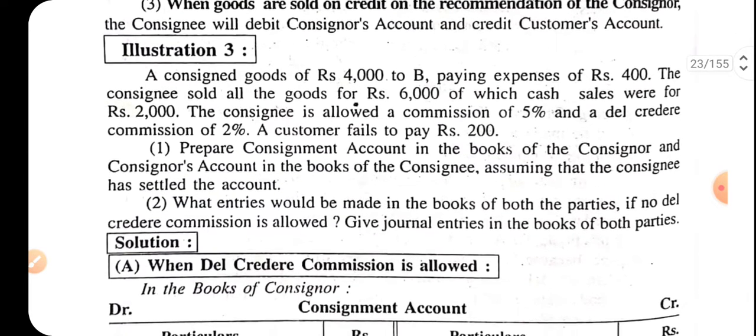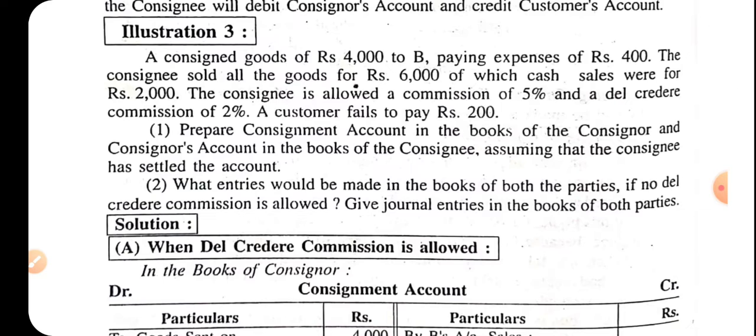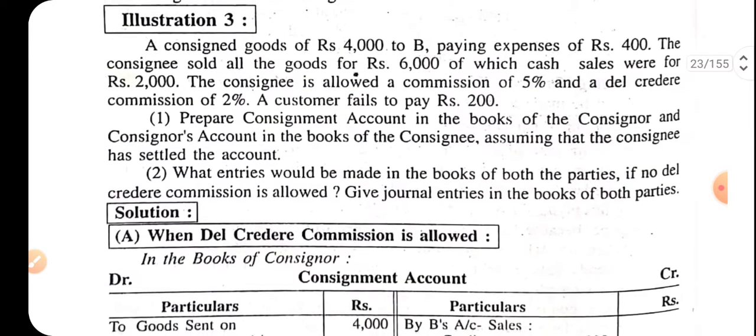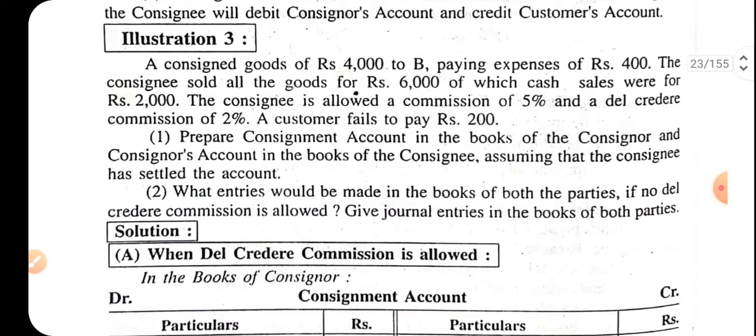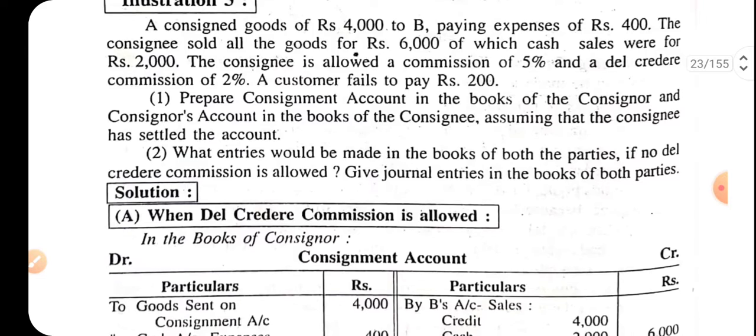The consignee allowed 5% commission on 6000 and 2% commission on 4000 rupees, because credit sale is 4000, cash sale is 2000. Prepare consignment account in the book of consignor and consignor's account in the book of consignee, assuming that consignee has settled the account.